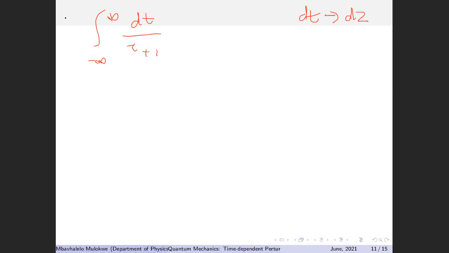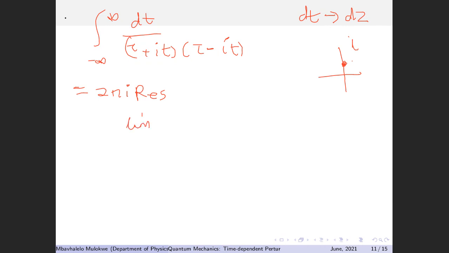So you can write this as t plus i tau, t minus i tau. So it will have a residue, maybe let's say at, say, the other way around, but it doesn't matter. This will give you 2 pi i multiplied by the residue, and the residue will be given by the limit as t goes to i tau.